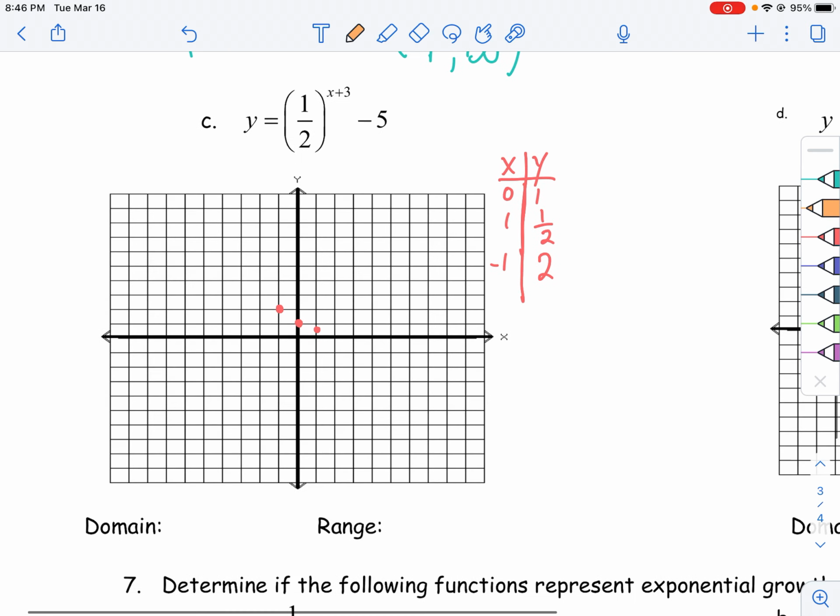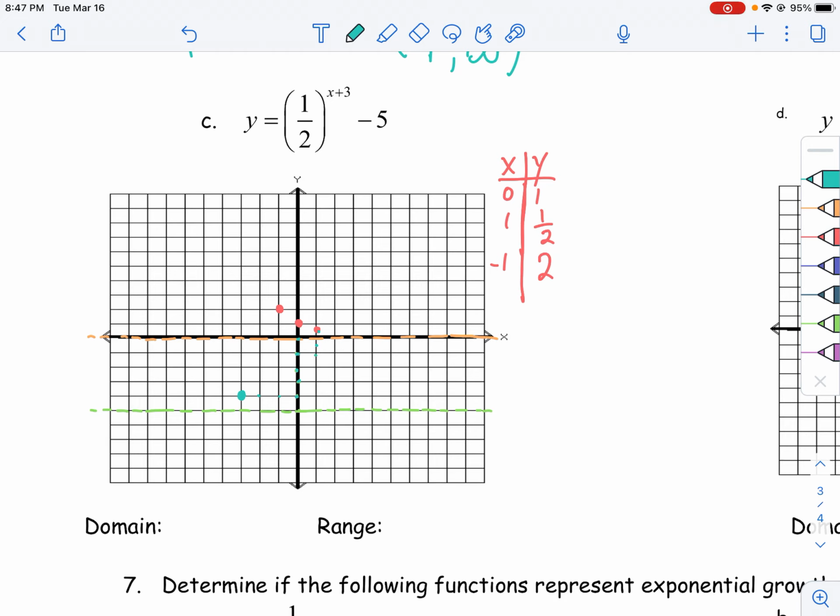Our horizontal asymptote is sitting right here at y equals 0 currently. How I like to shift these is I just like to shift the horizontal asymptote. So it's saying move that down 5. So 1, 2, 3, 4, 5. So here's our new horizontal asymptote. And then all of those points are also coming down 5 and to the left 3. So this is 1, 2, 3, 4, 5, 1, 2, 3.